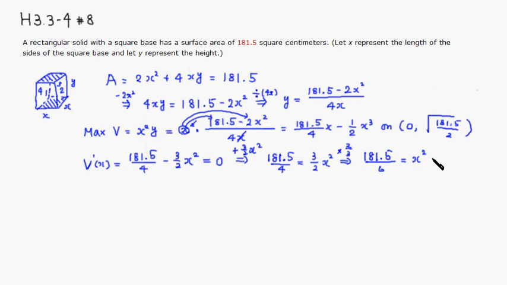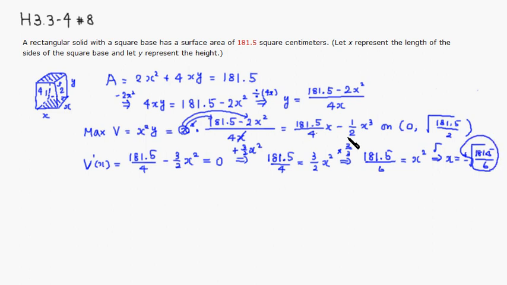Then by taking the square root, we find x equals plus or minus the square root of 181.5 over 6. So those are the critical numbers, and we don't have to look at the negative one since the interval is from 0 to the square root of 181.5 over 2. So we just look at the positive one.